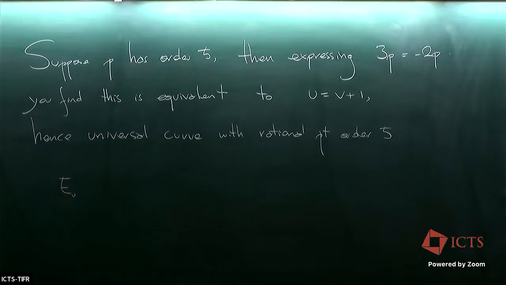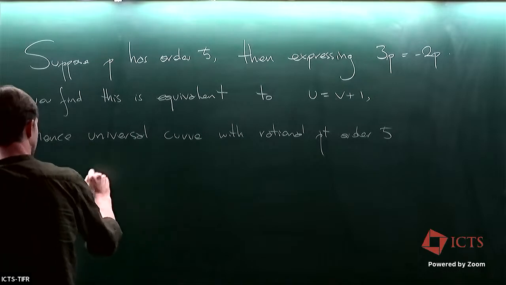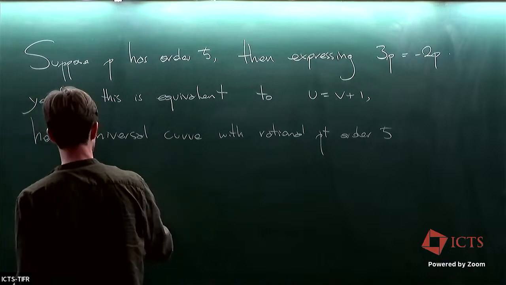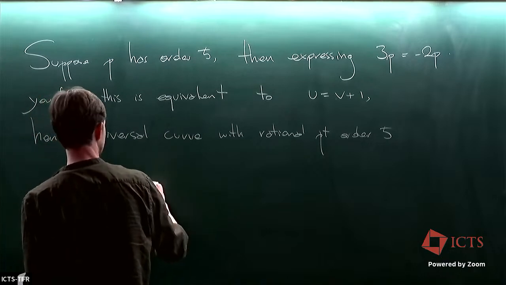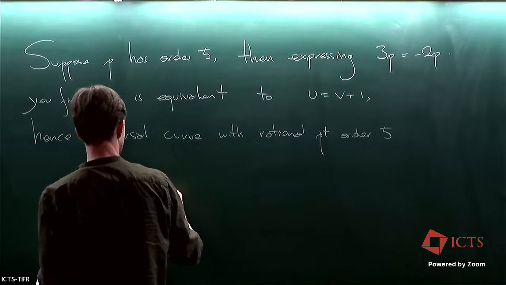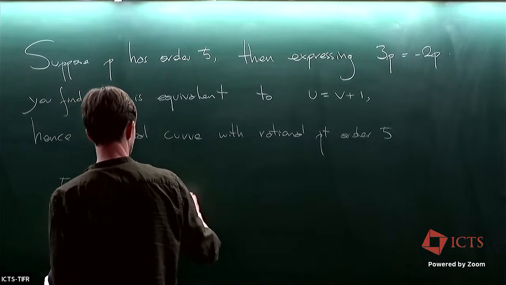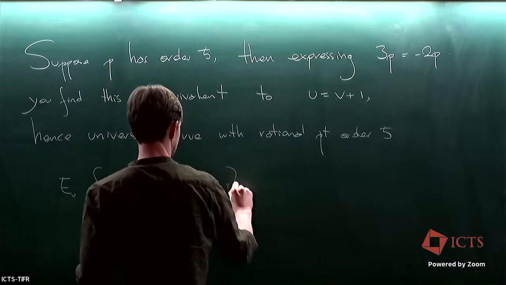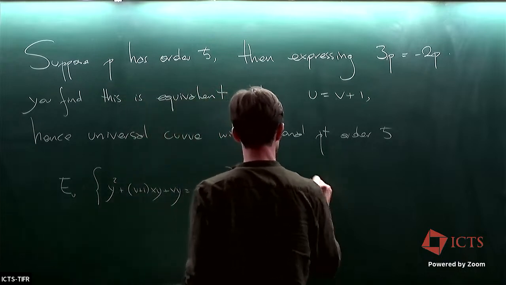I can eliminate one of the two variables. E sub v is just the family of all these elliptic curves which have that equation where I just replace u by v plus 1. Now this depends on some parameter v.